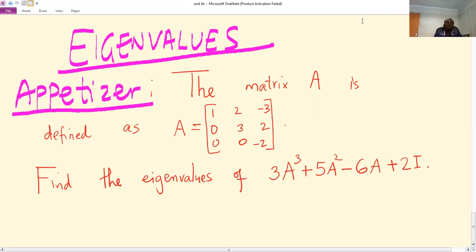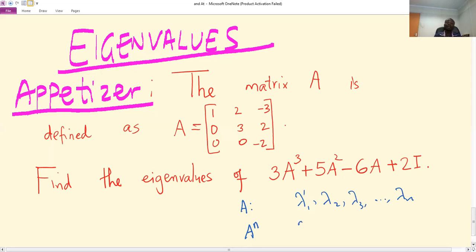Now, what is going to help us evaluate this problem is a property: if the eigenvalues of a matrix A are lambda 1, lambda 2, lambda 3, up to lambda n, then to find eigenvalues of A power n, you don't have to multiply A by itself n times and restart the process of finding the eigenvalues.